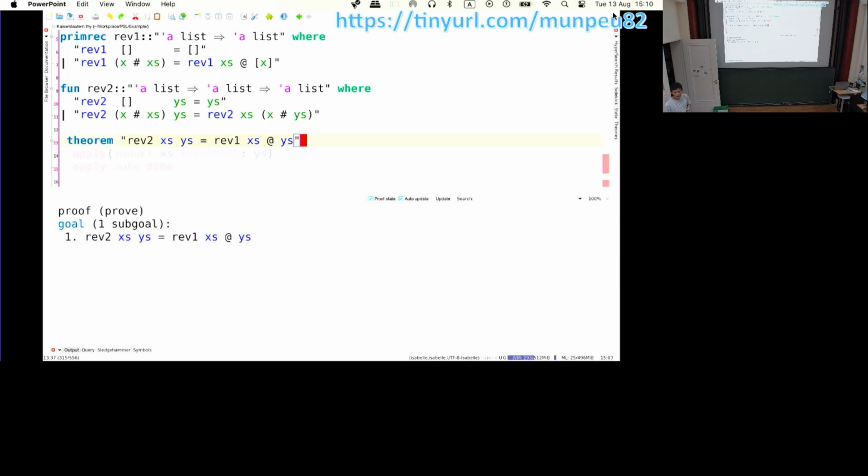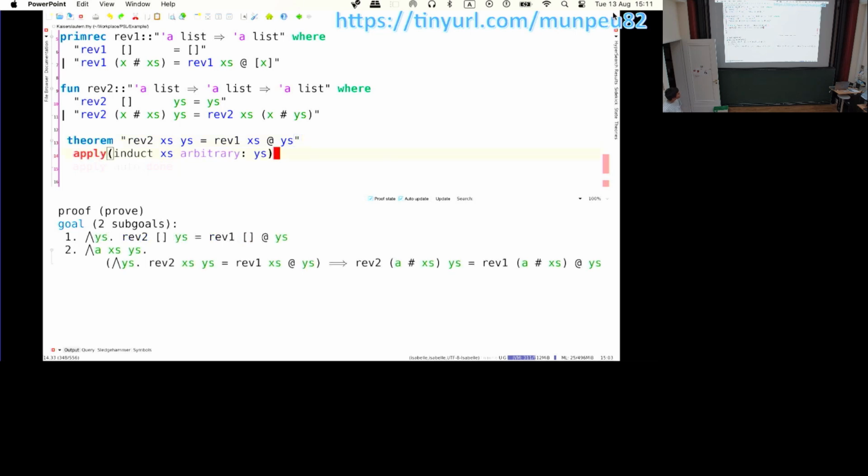Okay, and Isabelle has more than 200 tactics, and since both reverse functions are defined recursively, probably it makes sense to use some sort of proof by induction, right? So I applied the induction tactic in line 14 with some arguments. Here we said induction on xs while generalizing ys.